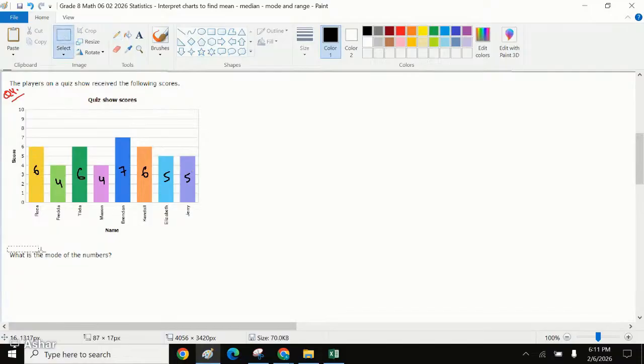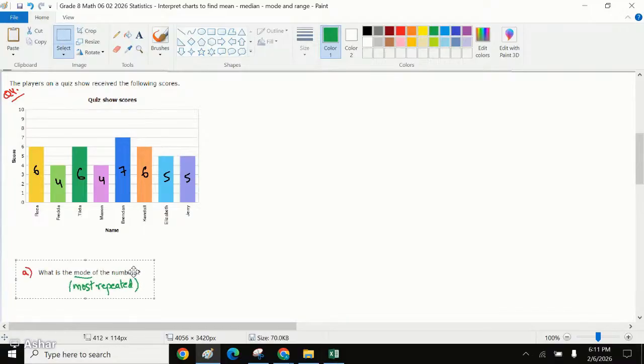So in the first part of the question, they're asking what is the mode of the numbers? We'll try to find all 4 possibilities for each question, okay? So mode means most repeated. So what seems to be the most repeated result?